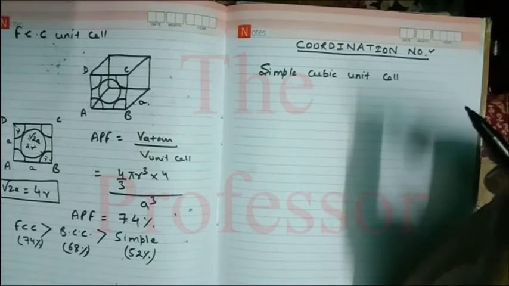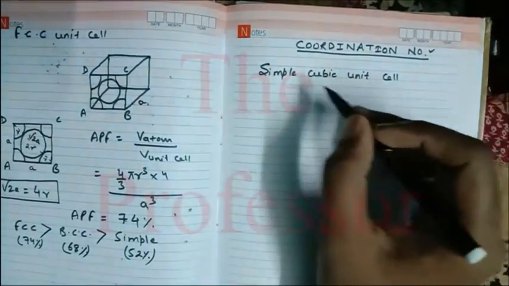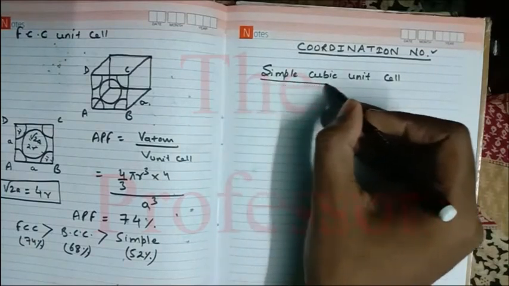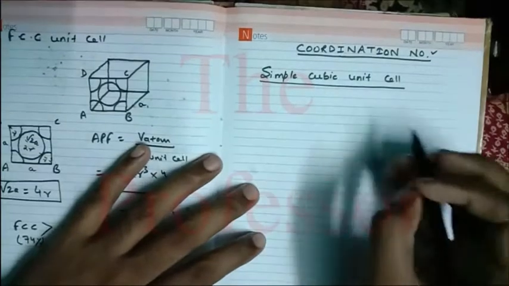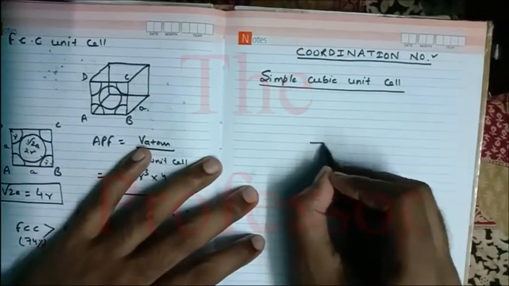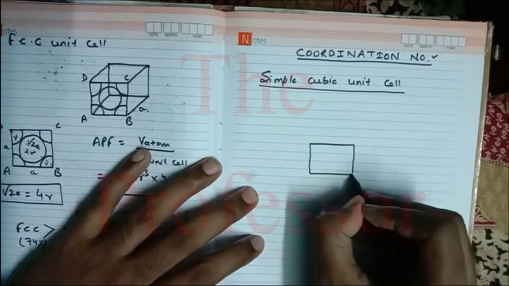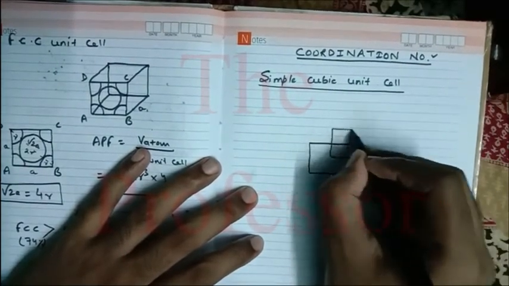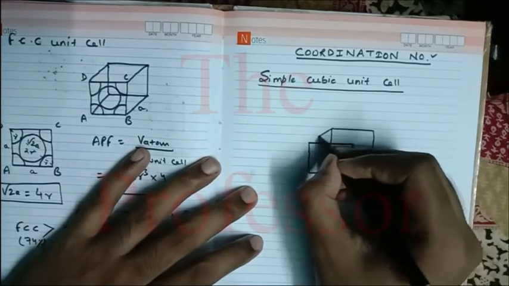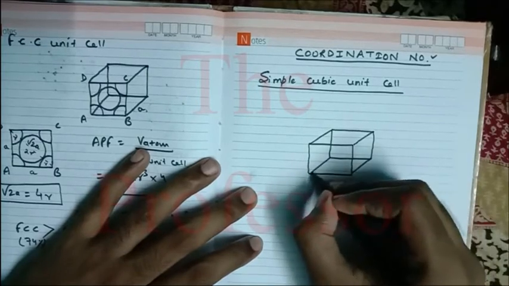So चलिए सबसे पहले देखते हैं कि how many atoms are in contact with any other atom in a simple cubic unit cell. So first of all, let us draw a simple cubic unit cell. This is our simple cubic unit cell, right?